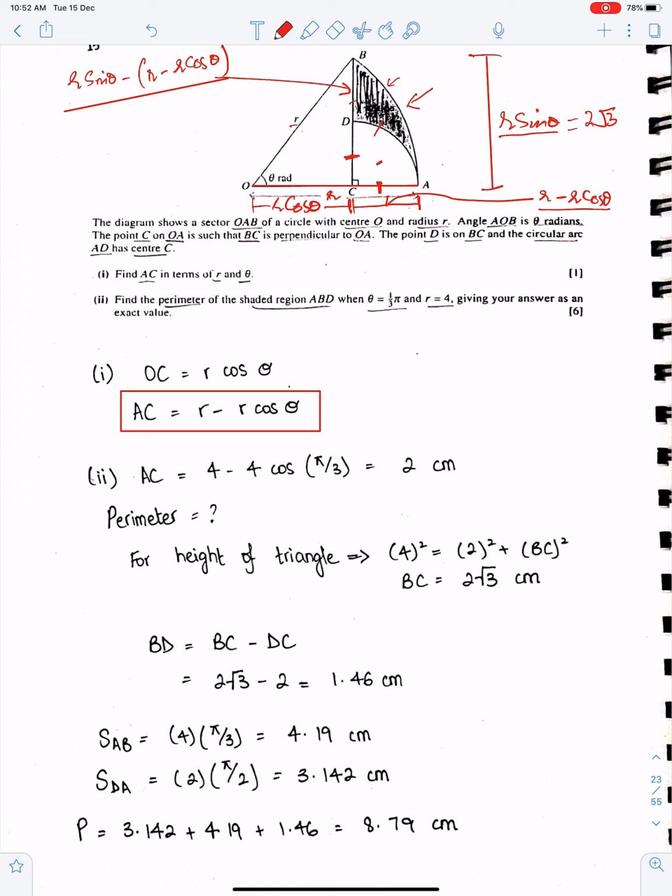And the perimeter is the arc length BA, and the arc DA, and this length BD. So this is BD, this is the arc length, this is BD. BD is 1.46.